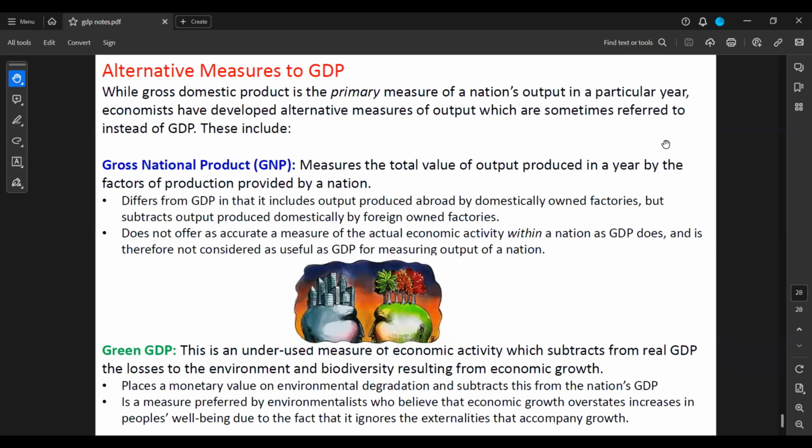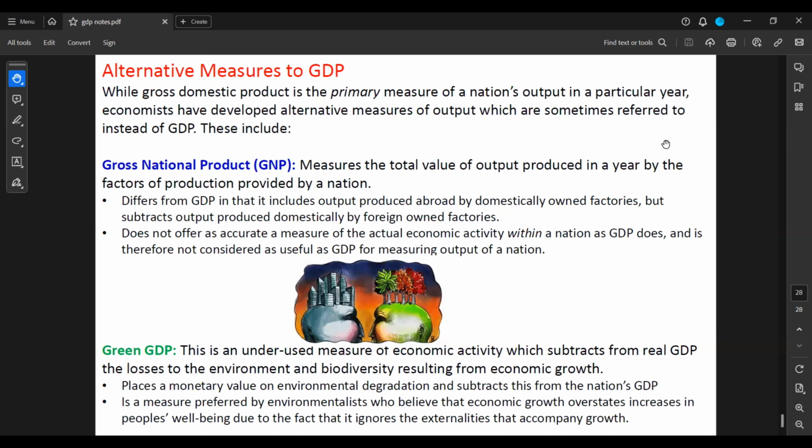Then we have alternative measures to GDP. So while gross domestic product is a primary measure of a nation's output in a particular year, economists have developed alternative measures of output, which are sometimes referred to instead of GDP. These include gross national product, which measures the total value of output produced in a year by the factors of production provided by a country.